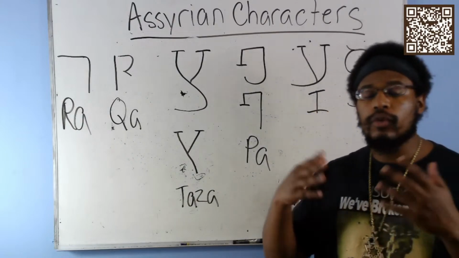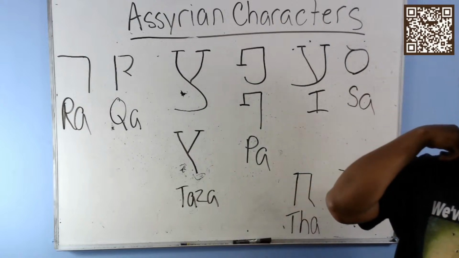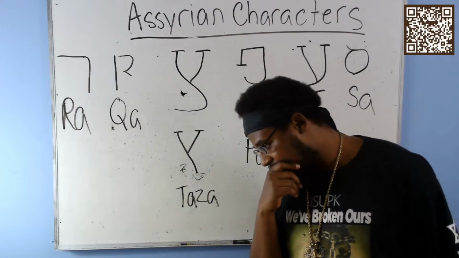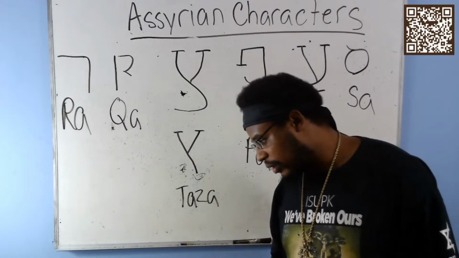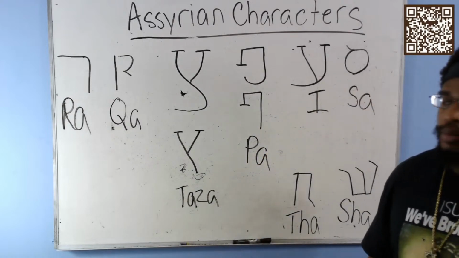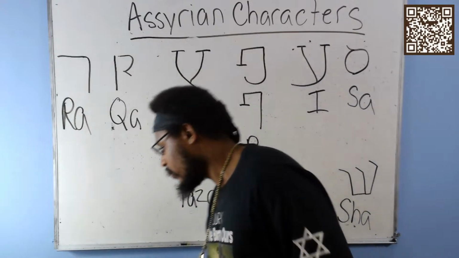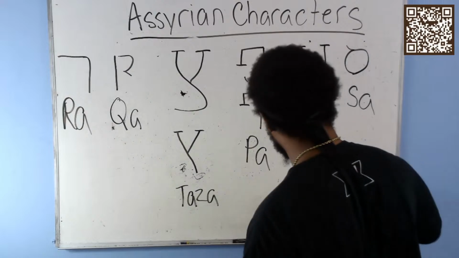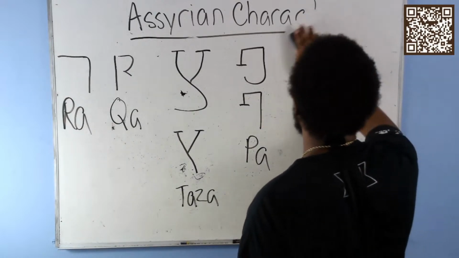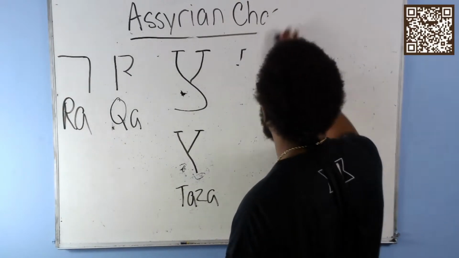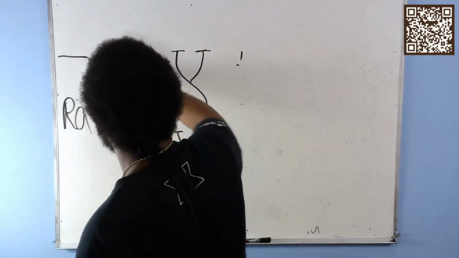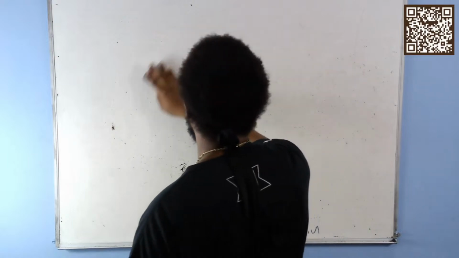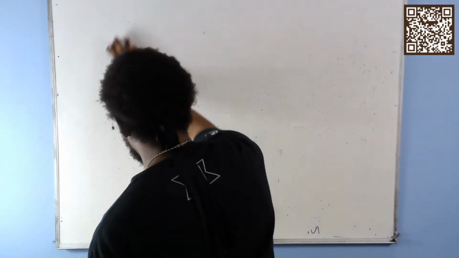So you have the root word, which is the basic word, the original word without changing it, without adding a character.